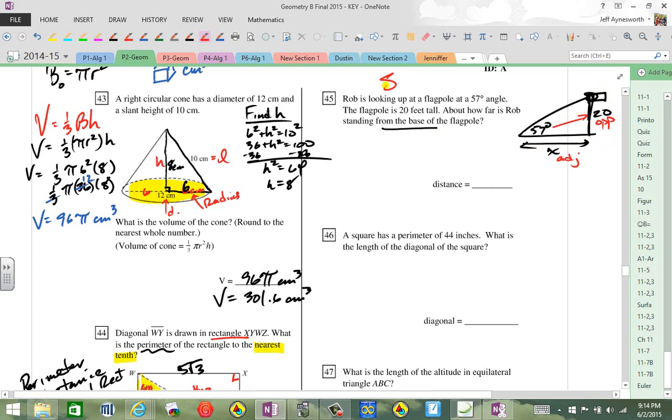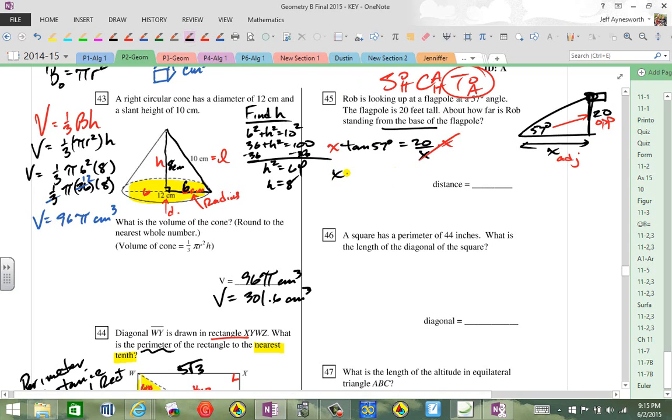And if you guys have learned any trig, and you learned SOHCAHTOA, then you know that this is a tangent function problem, because opposite and adjacent is a tangent ratio. So if I was going to solve this, I'd take tangent of 57 degrees is equal to opposite 20 divided by x. Here, I would multiply both sides by x to clear the fraction.